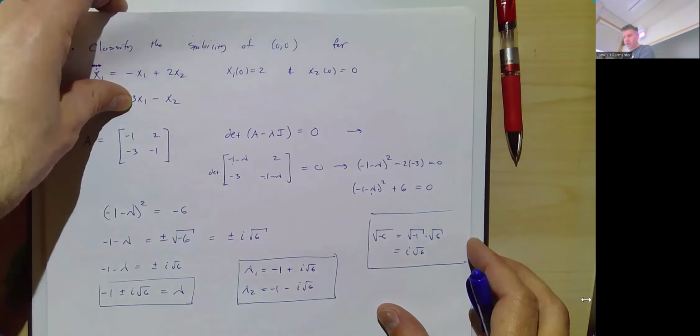But here's the idea. Just like before, we're going to say that the general solution is your vector equal to c1 e to the lambda 1 t times v1 plus c2 e to the lambda 2 t times v2.